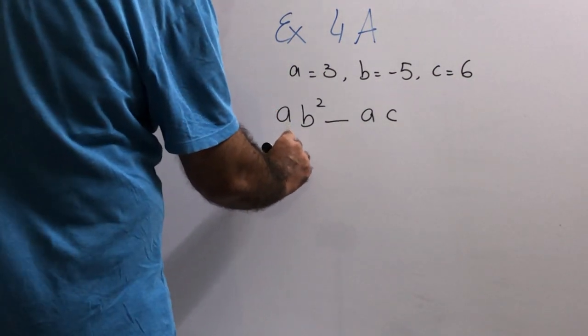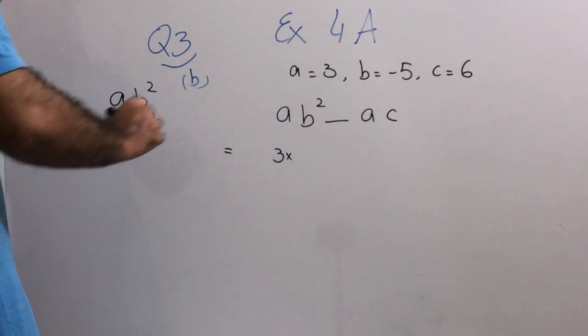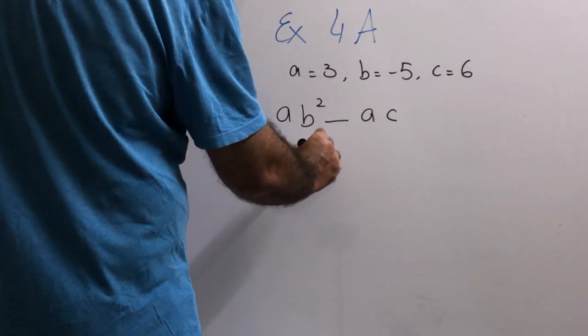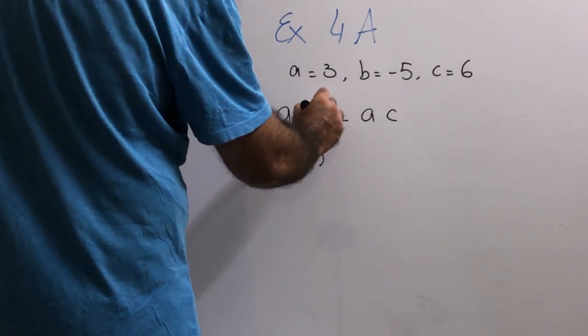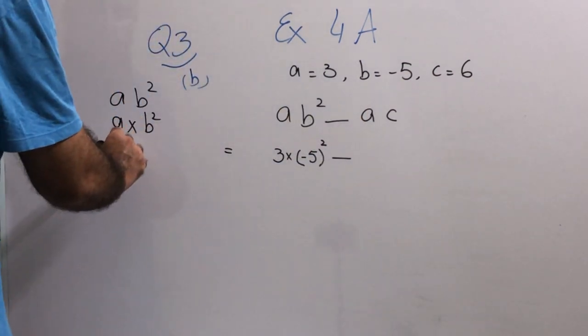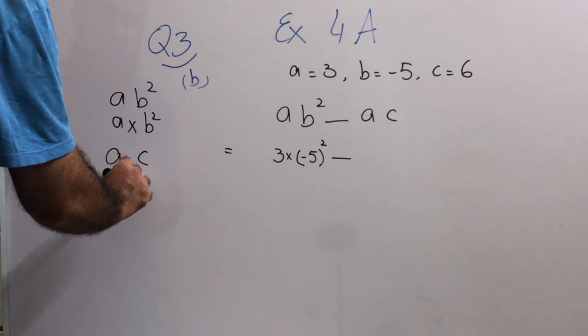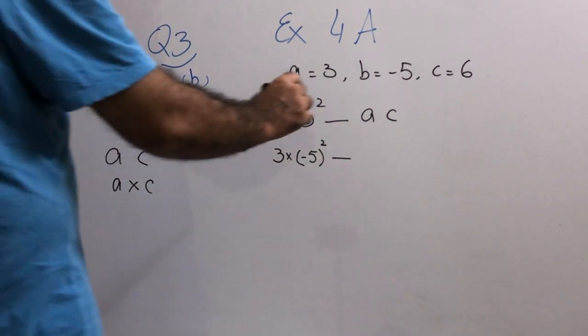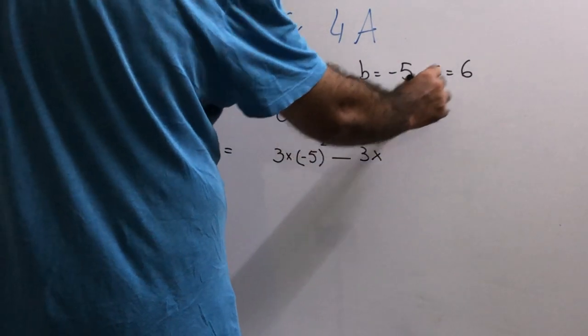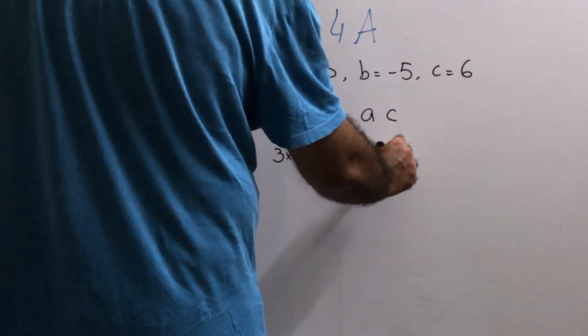So we'll place multiplication sign. b is equal to minus 5. Put the value of b, minus 5, it is square, put 2, minus ac, it means a is being multiplied with c, so we'll put value of a is 3, multiply by c is 6, put the value of c, 6.